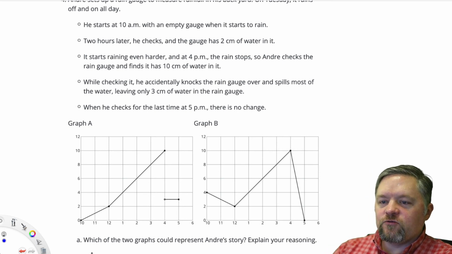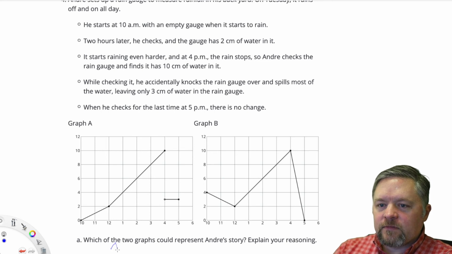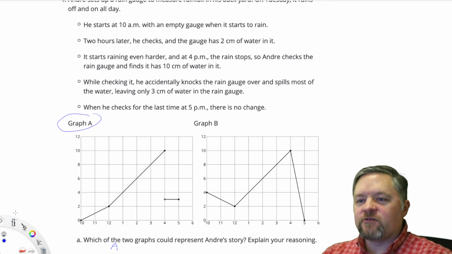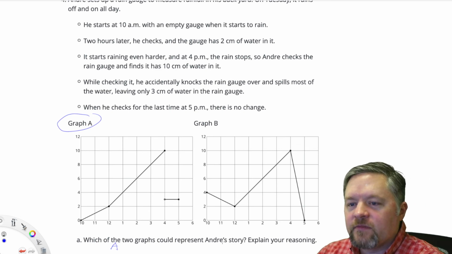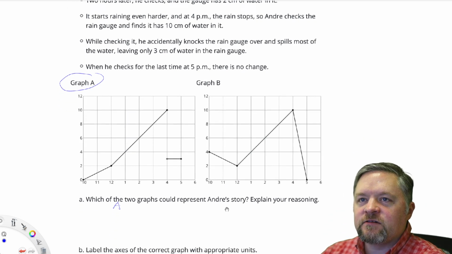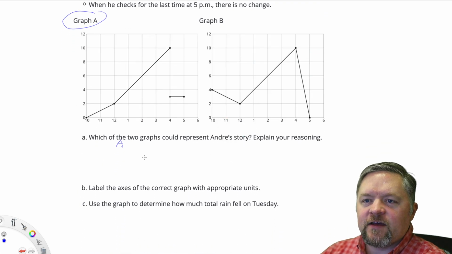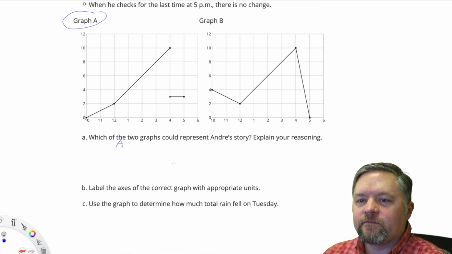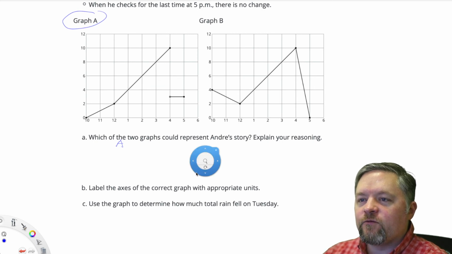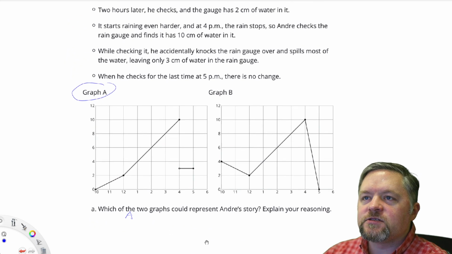Which of the 2 graphs? Graph A. Explain your reasoning. That's what I just talked about. Easiest explanation, it starts empty and graph A is the one that starts empty. Label the axes of the graph with appropriate units.